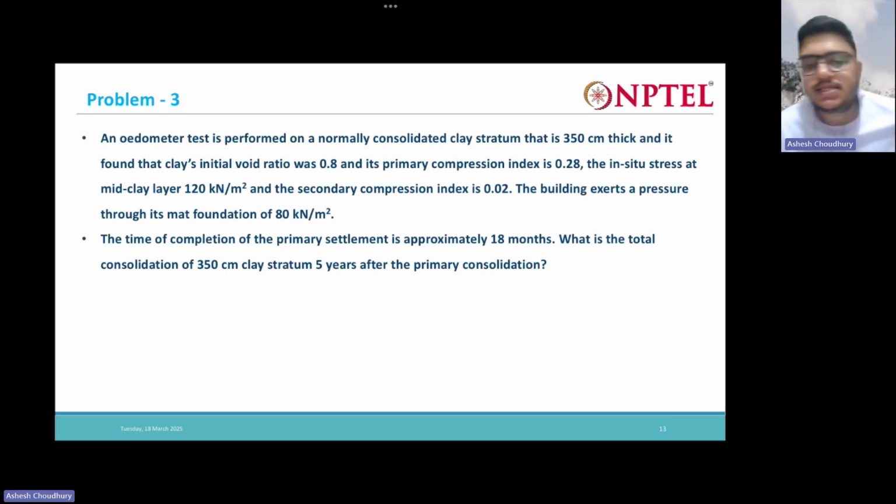So both primary and secondary indexes are given. The primary consolidation takes 18 months, and then we need to find out the total after 5 years of primary consolidation, how much more consolidation takes place. That we are asked to find out. So try to think about it. How can we approach the problem? What will be the first step of this problem?